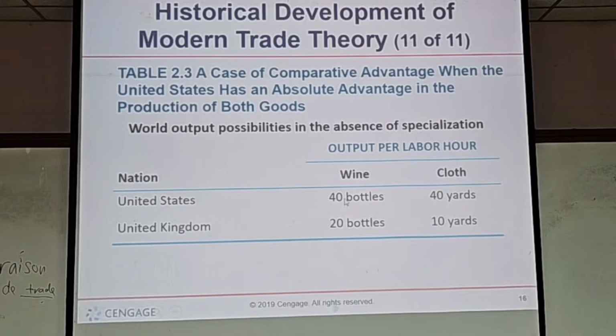We're going to see this here in this table. One country will produce water, the United Kingdom will produce the cloth. Production possibilities frontier.